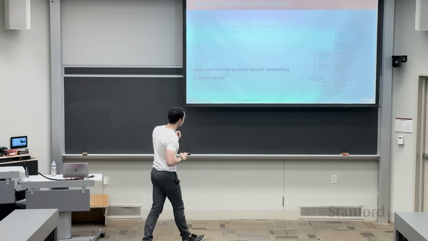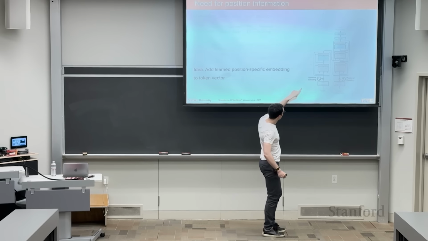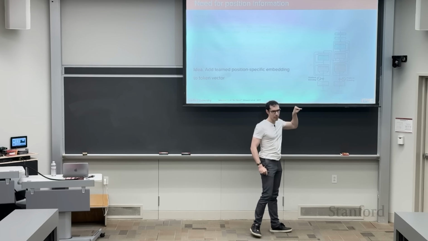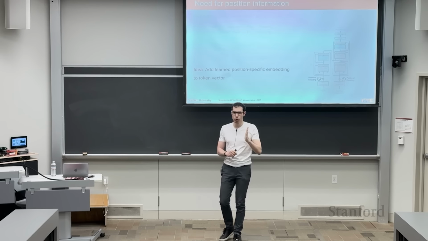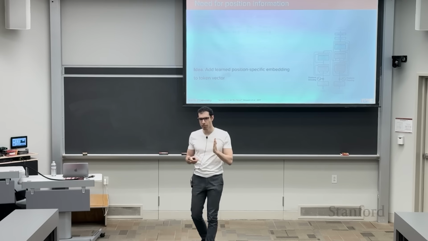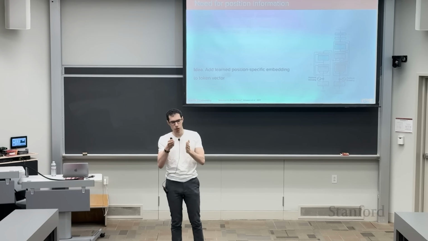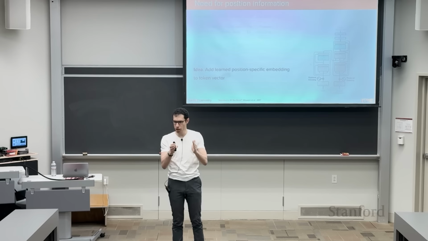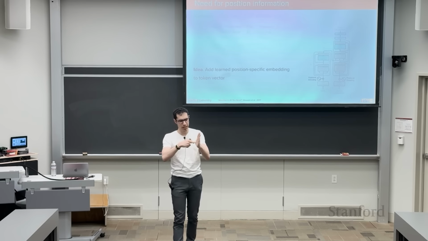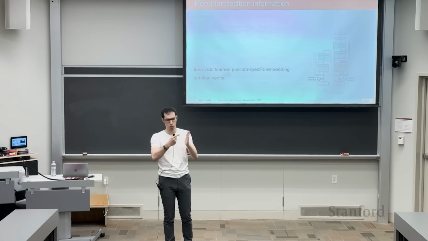And what they chose to do is to add that embedding to the input token embedding. So for instance, if I say a cute teddy bear is reading, the first token, A, which is position number 1, will be represented by the token embedding for A plus the embedding representing the first position.